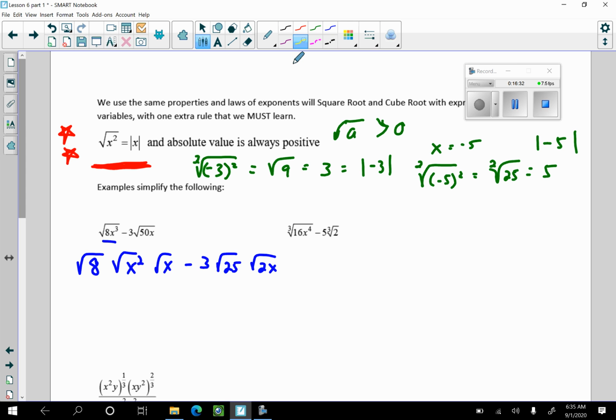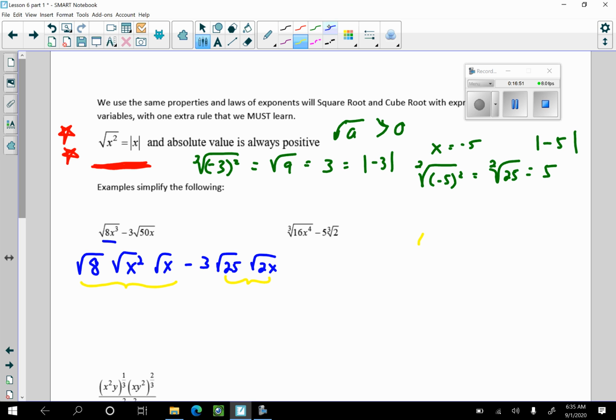And if you notice here, 8 times x squared times x is 8x cubed, and 25 times 2x is 50x. Now I'm going to simplify those things here. And the square root of 8, we know what the square root of 8 is.